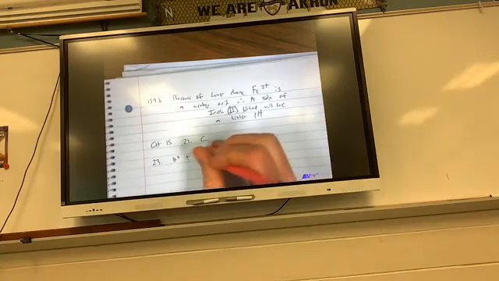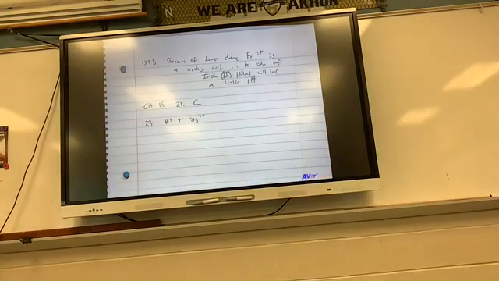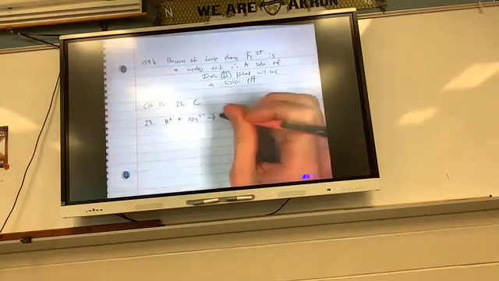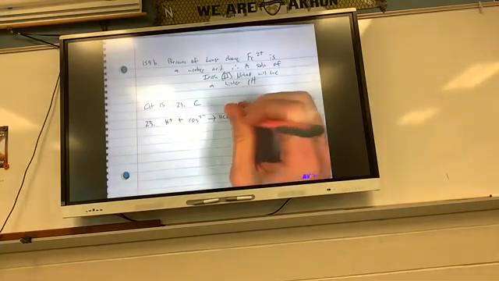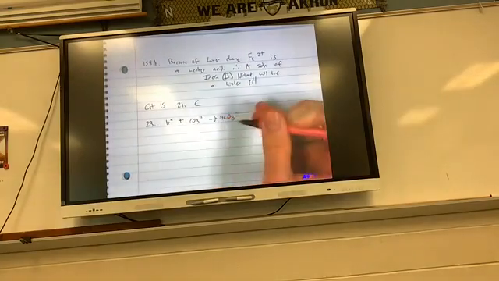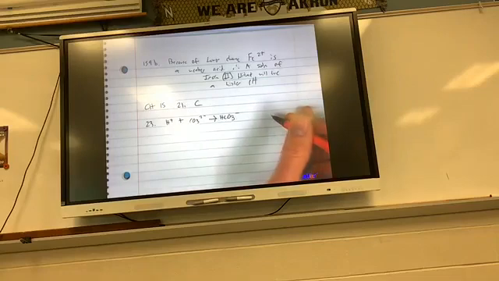CO3 2 minus, right? That's the ion that's going to eat up my H plus. What is that going to make? HCO3 minus. So that is one thing you could write.